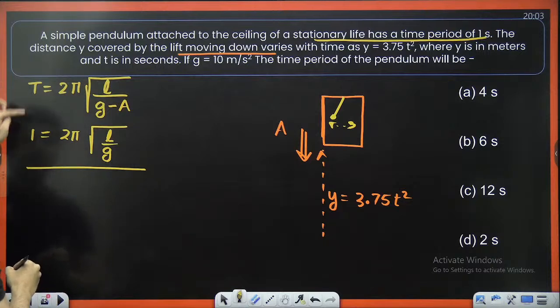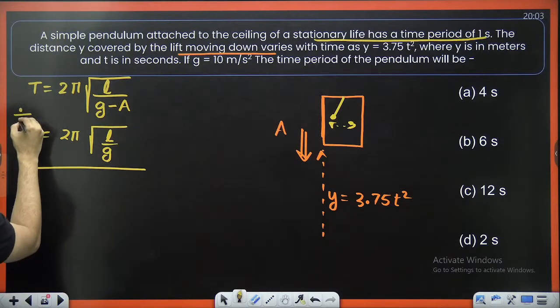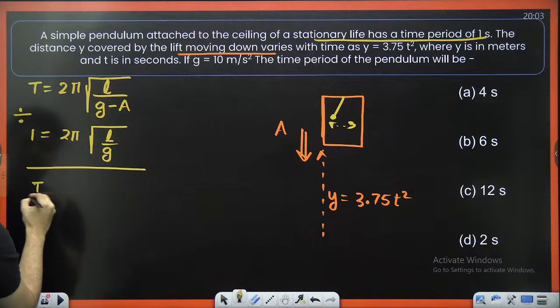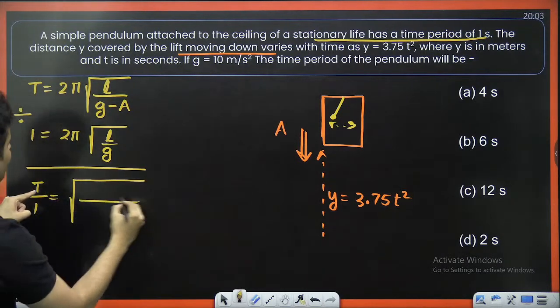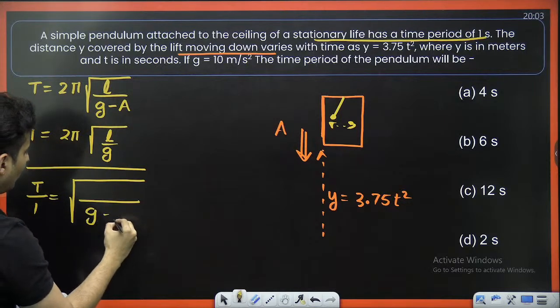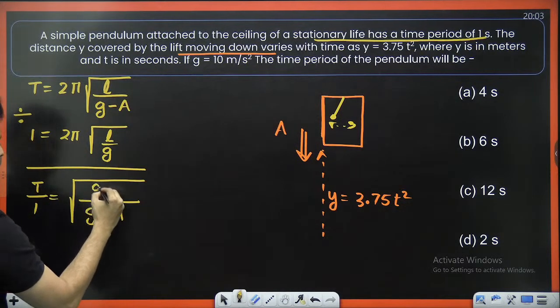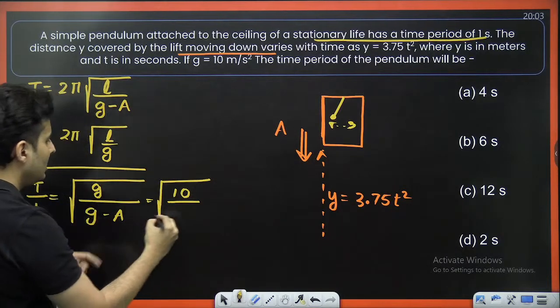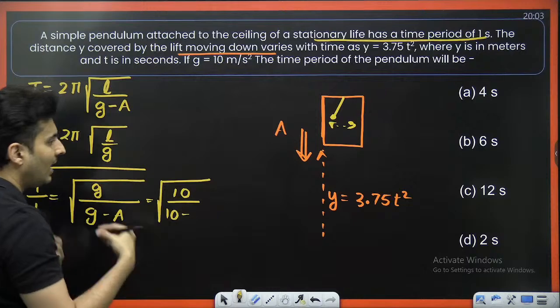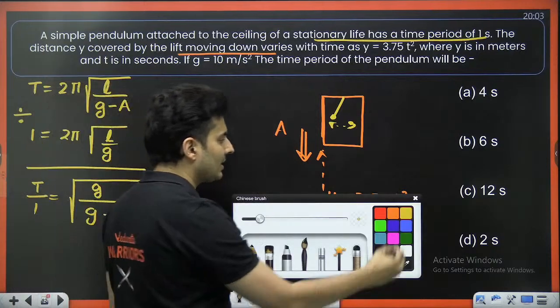Now if you notice, I just have to divide these two. So T by 1 will be root of, T will have G minus A over here, one will have root g on the top. So this will be nothing but 10 by g minus a, which is 10 minus the acceleration. How do you find the acceleration?